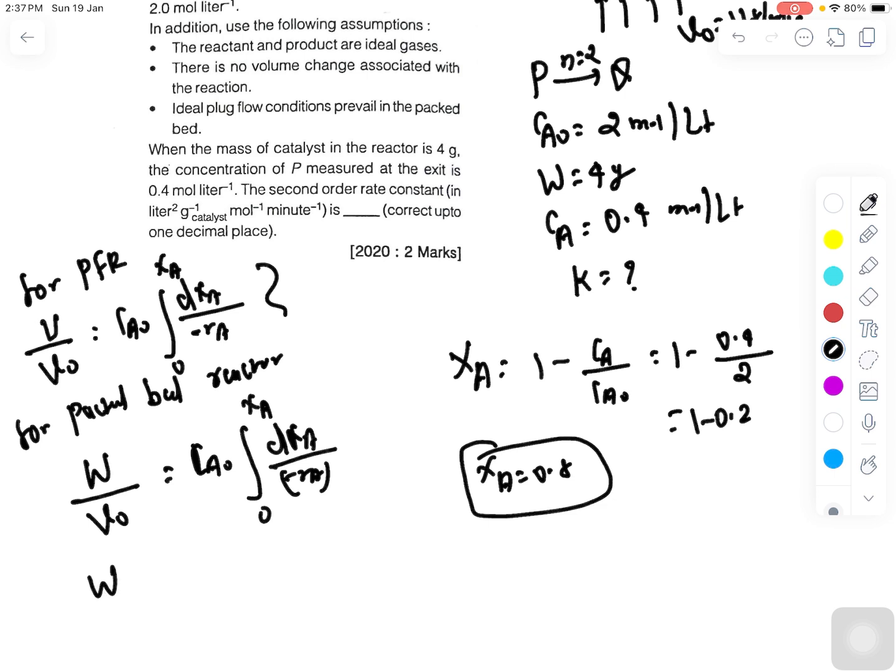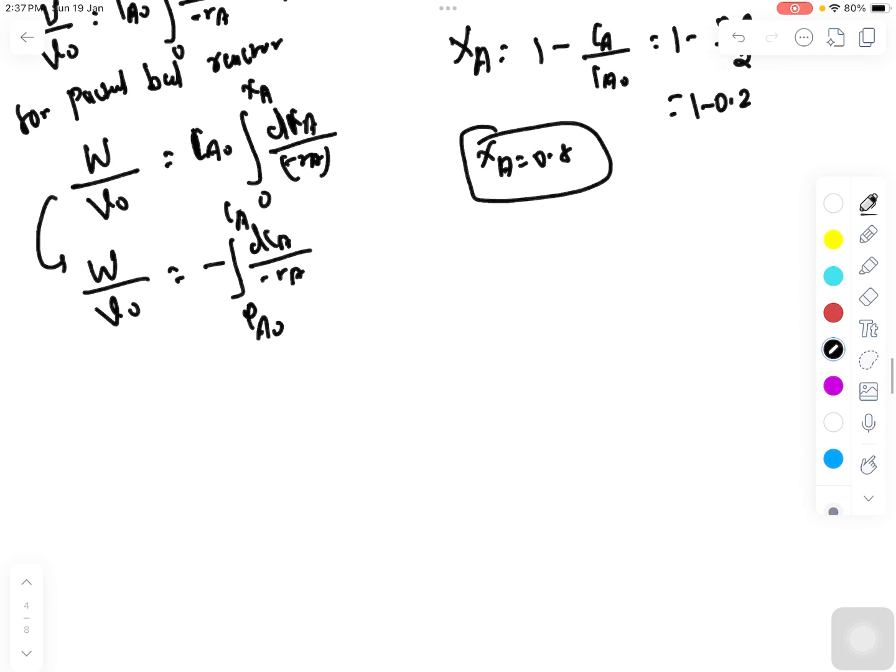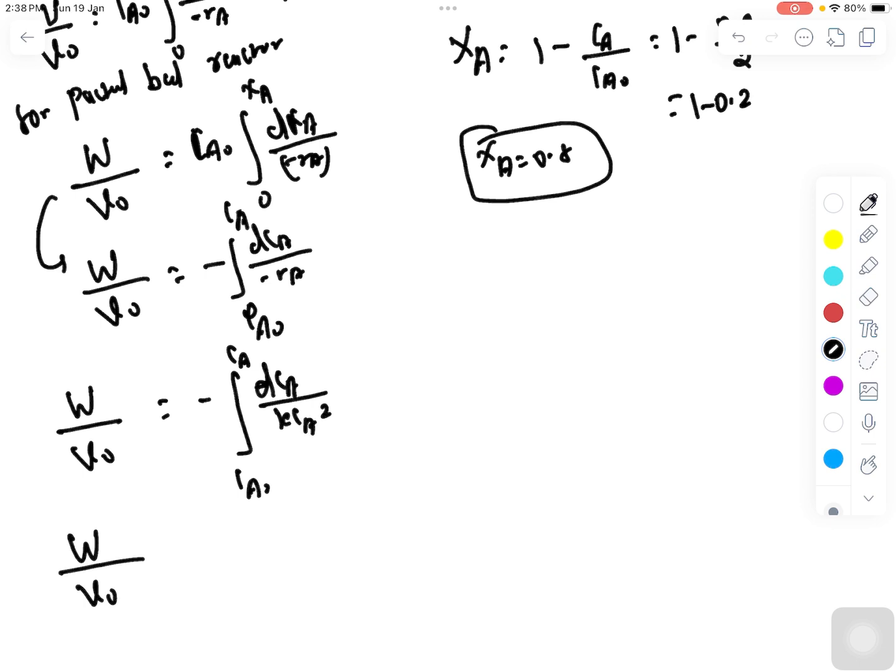W divided by V naught equals minus the integral from Ca naught to Ca of dCa divided by minus Ra. So this equation can be written in this form also: W divided by V naught equals minus the integral from Ca naught to Ca of dCa divided by K Ca square. Is that clear? So you can directly write W divided by V naught equals 1 by K times (1 by Ca minus 1 by Ca naught).